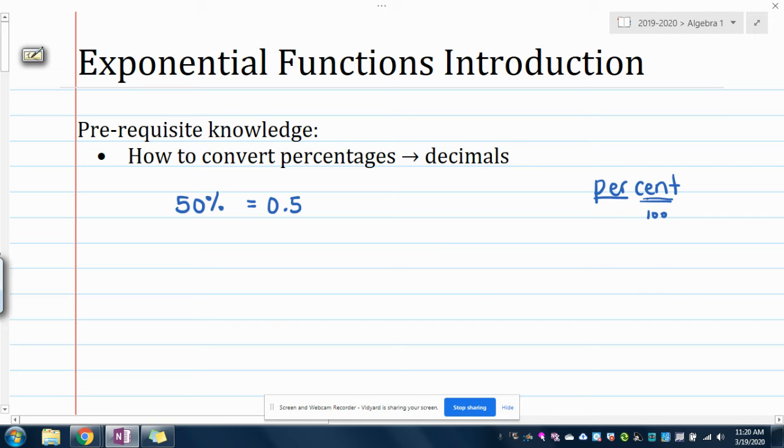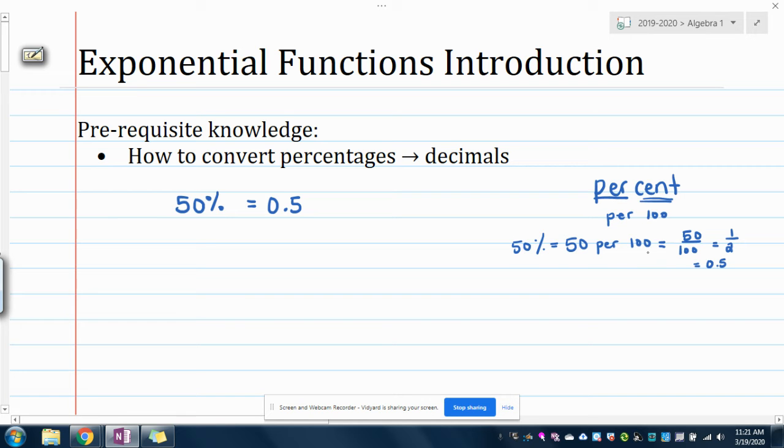So per cent means per 100. So 50% is equal to 50 per 100. That's a ratio, 50 over 100. That is the same thing as saying 1 over 2, which is 0.5.